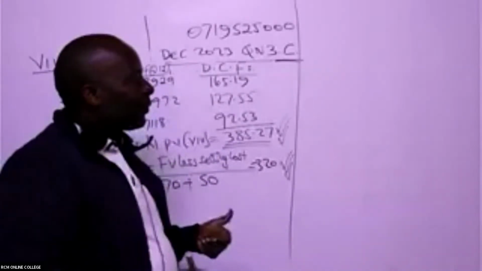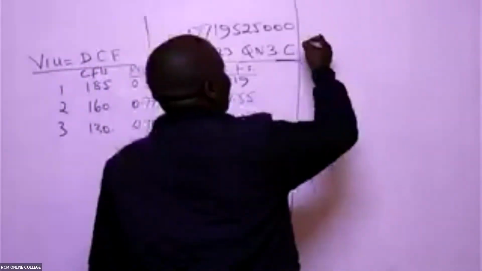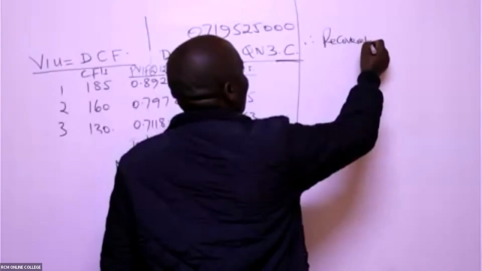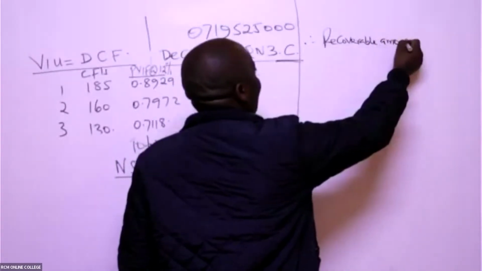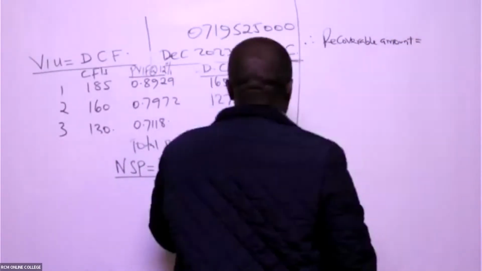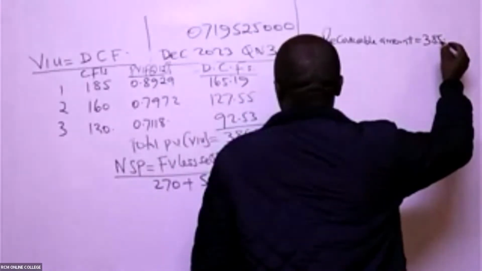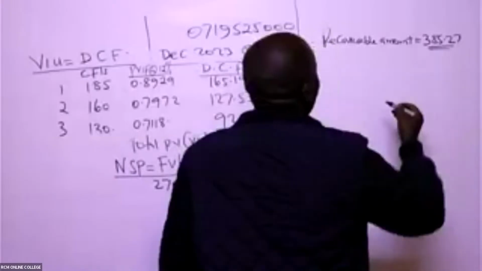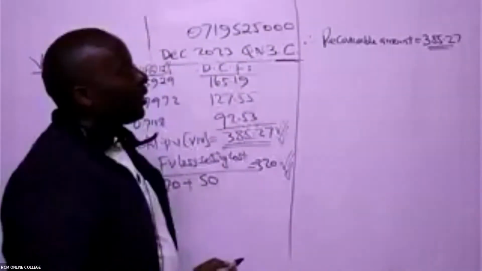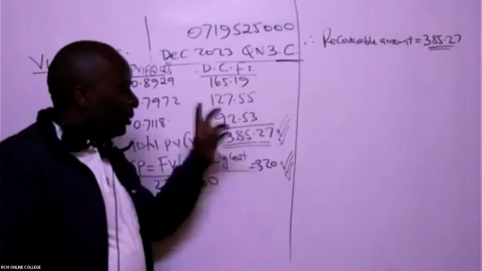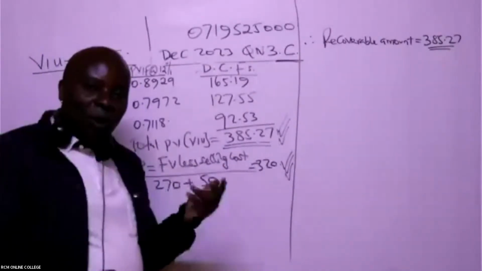So recoverable amount will be the higher of the two, which is 385.27.